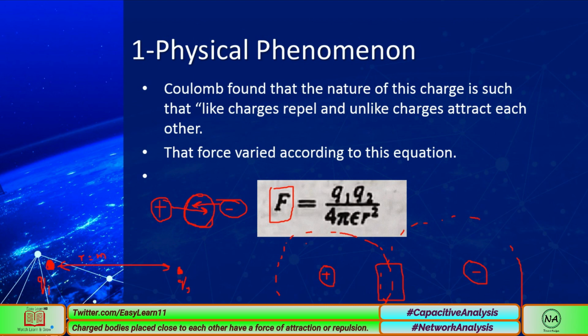Pi is an irrational number, like 22/7, which is about 3.14. Epsilon, this stylish E here, is the permittivity of free space. We are performing this experiment on Earth, in free space.